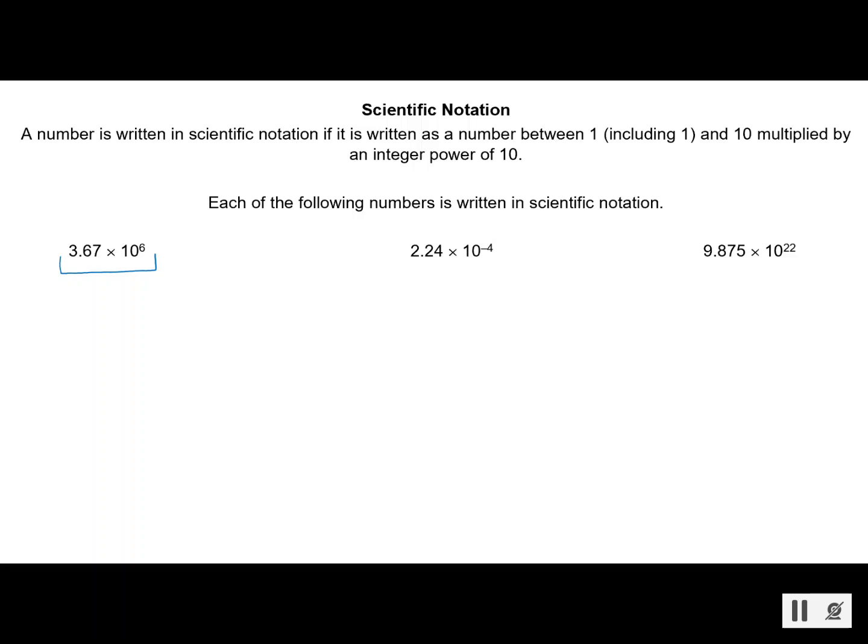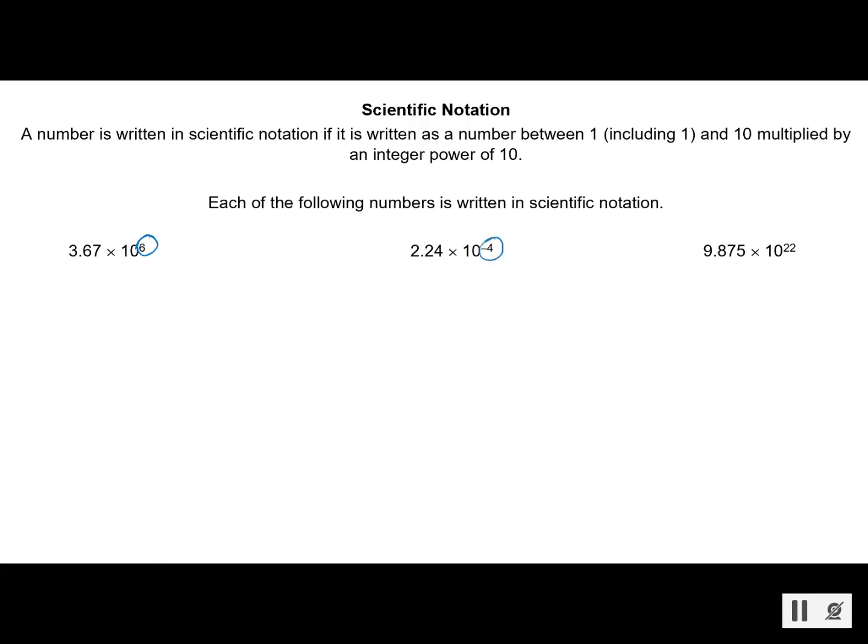Yeah. And it turns out that when we're looking at numbers that are written in scientific notation, we can look right here. We can look at the exponent of the 10, and that will tell us if the number we're dealing with is a bigger number or a smaller number. If the exponent of the 10 is a positive number, that means we're dealing with a bigger number. Okay?